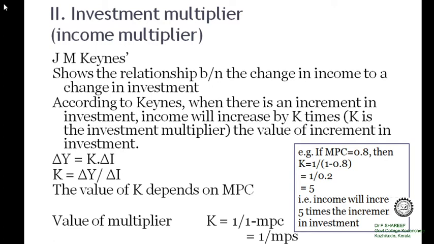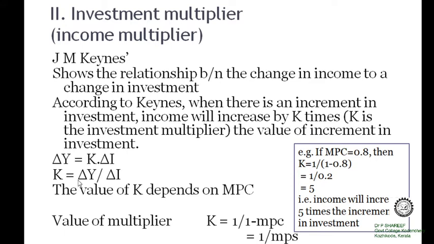According to Keynes, when there is an increase in investment, income will increase by K times the value of increment in investment. That is, change in income will be equal to the value of multiplier into change in investment. That is, ΔY = K × ΔI.